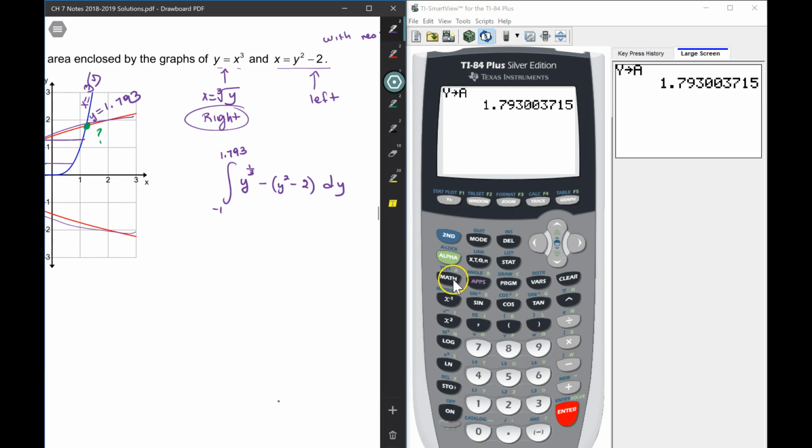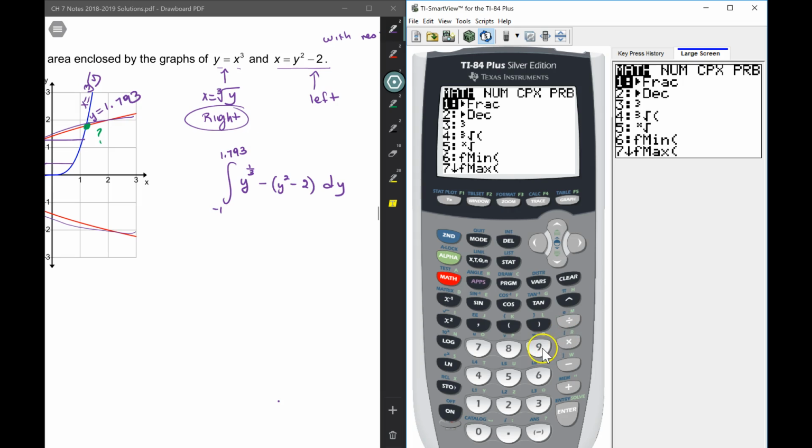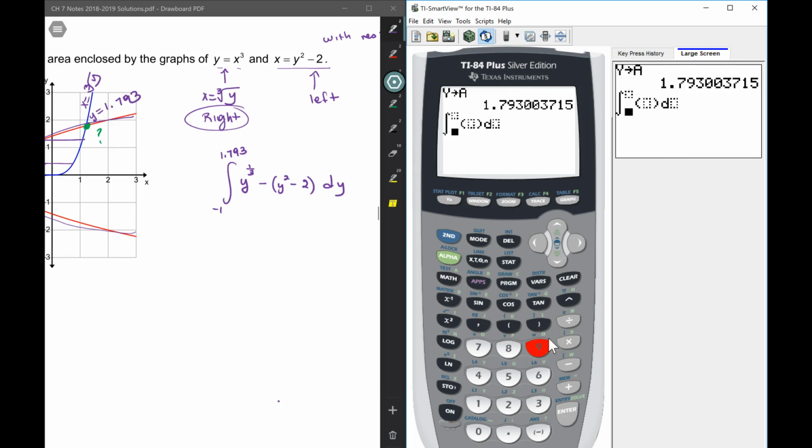So now we're gonna do math 9. I love calculus, by the way. Math. You want to do the integral? There is another way to do it on here. You should cry. I'm gonna cry. So we're gonna go from -1 to alpha A, or whatever variable you stored as.